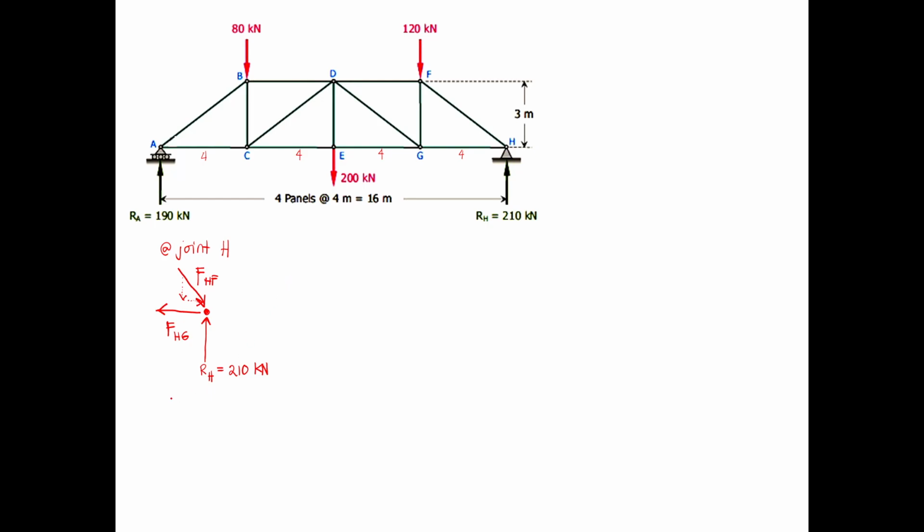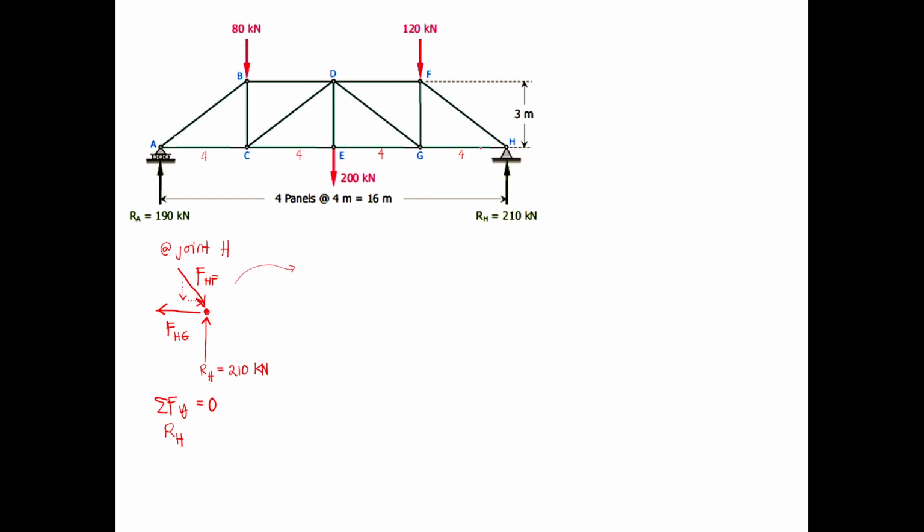We use first the summation of forces in y equals 0. Going up, that will be 210 kilonewtons, positive force for the reaction at H, and then negative force coming from your force HF. How can we solve for the vertical force? Again, we can use ratio and proportion.